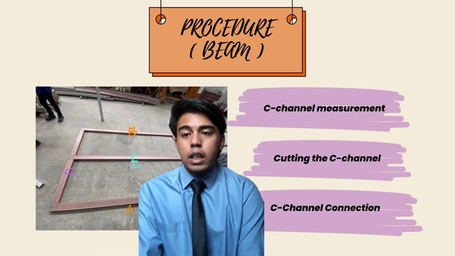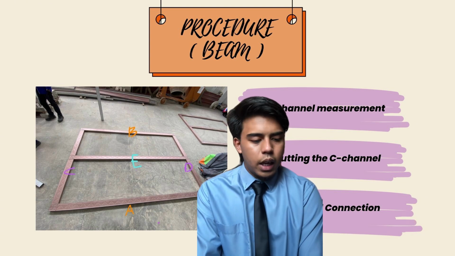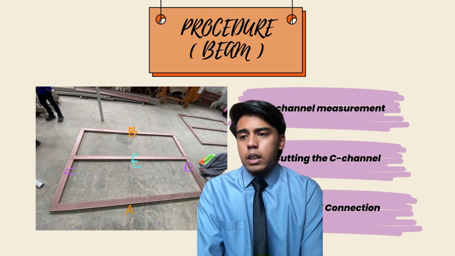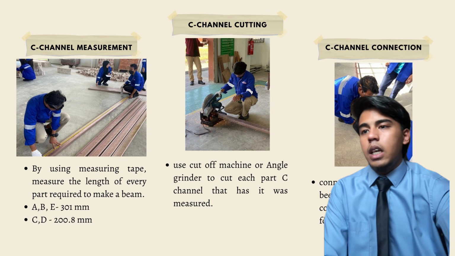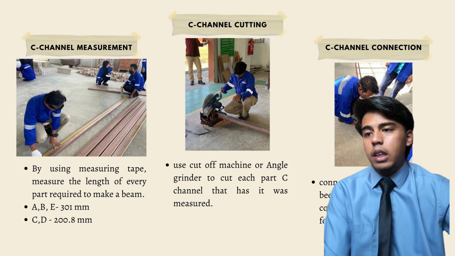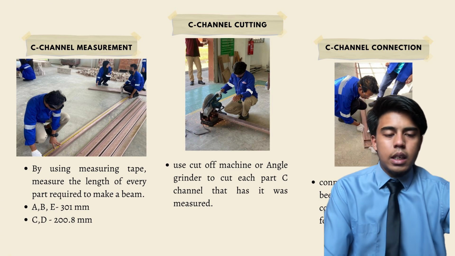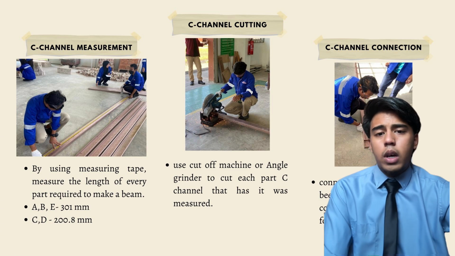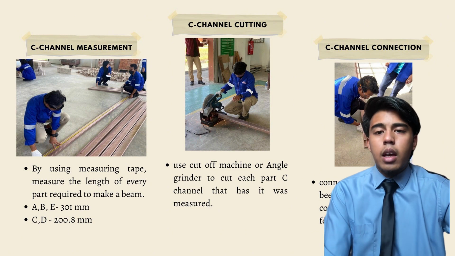As you can see in the diagram, the channel is divided into several parts with different lengths, A, B, C, D, and E, to form a beam. First, for C channel measurement, using a measuring tape, measure the length of every part required to make a beam as the diagram shows. For ABE, the length is 301 mm and for CD is 200.8 mm.